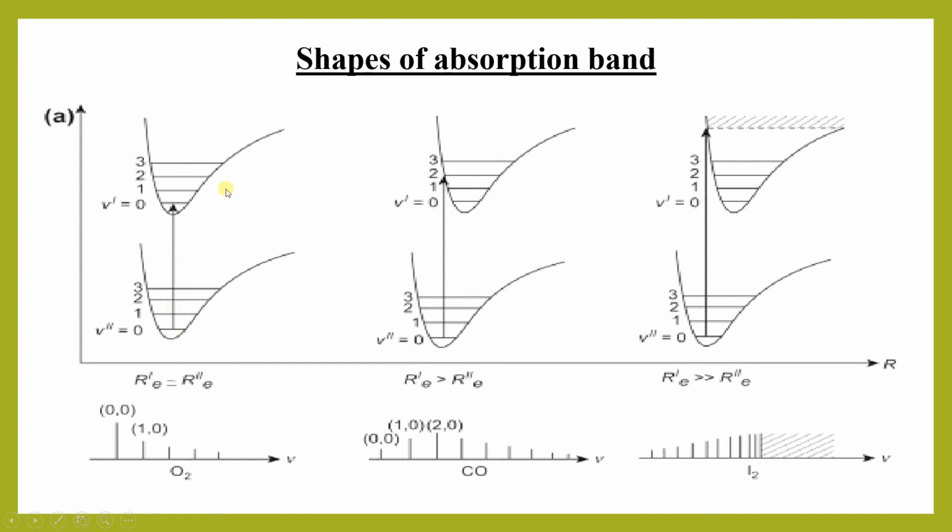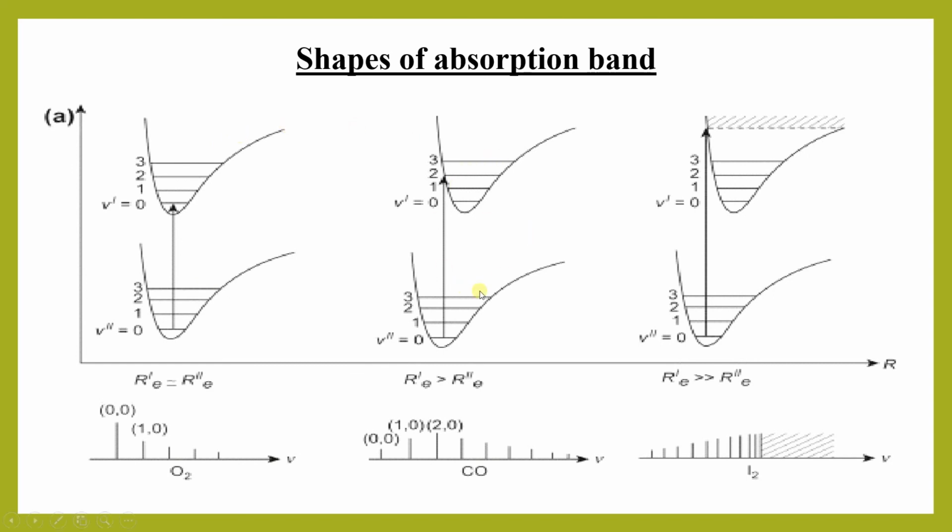So this is the most probable transition. Here, ground state to excited state, V is equal to 0 to V is equal to 0. The intensity of this transition is more.